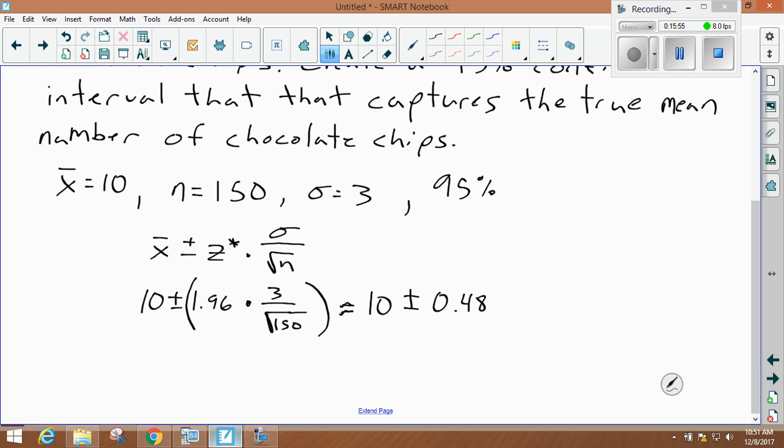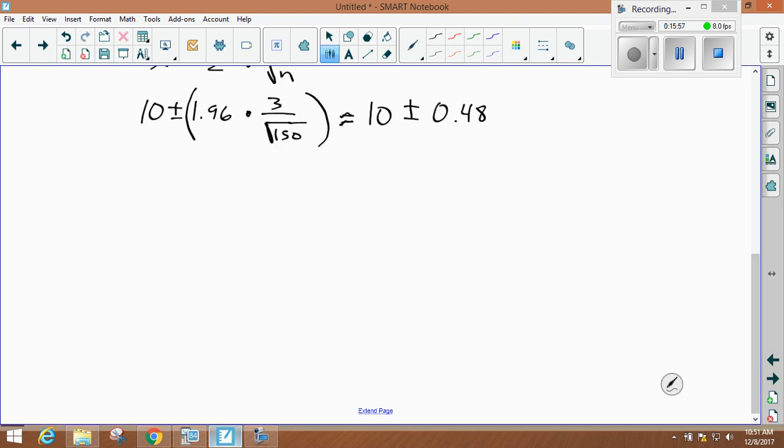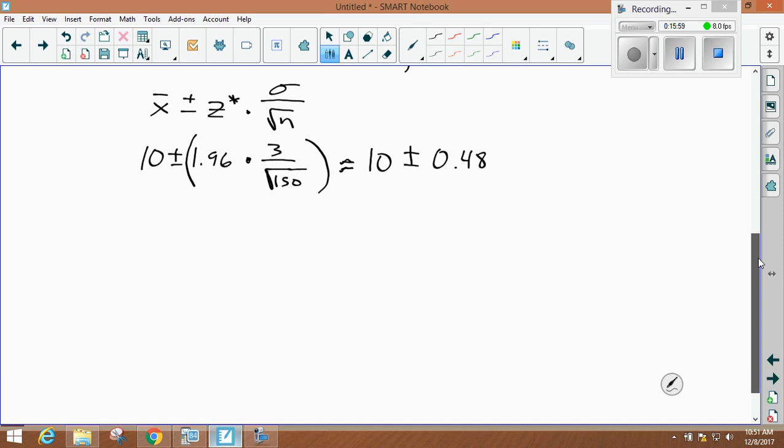So what this does is yield us an interval. What it says is that the actual mean number of chocolate chips is between 10 minus 0.48, comma, 10 plus 0.48.